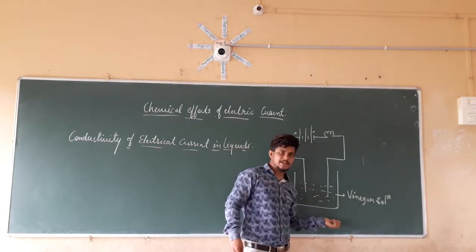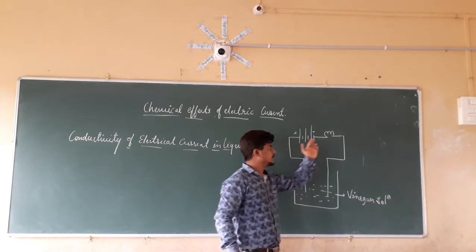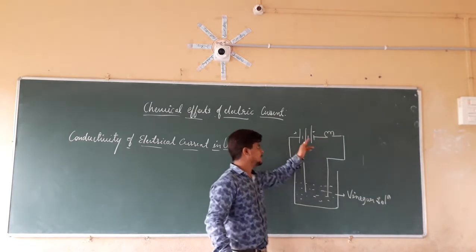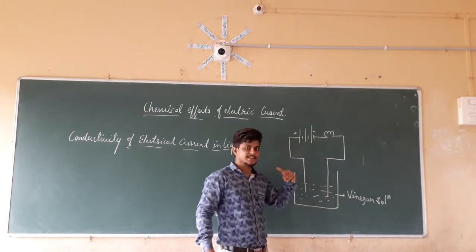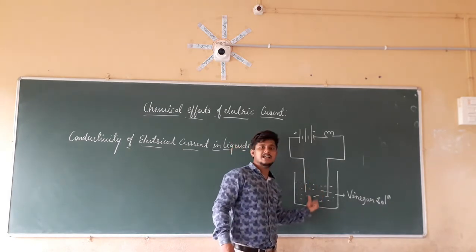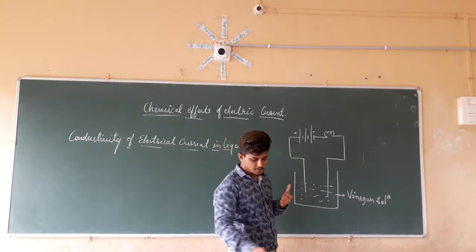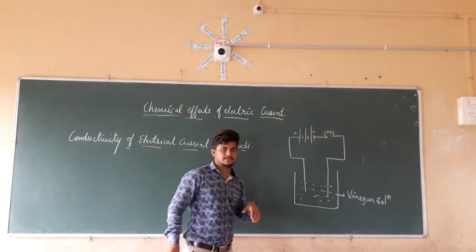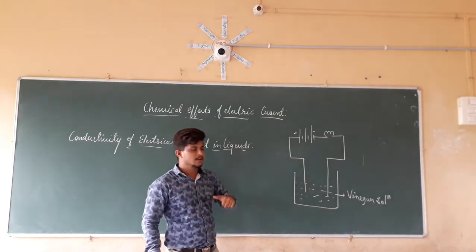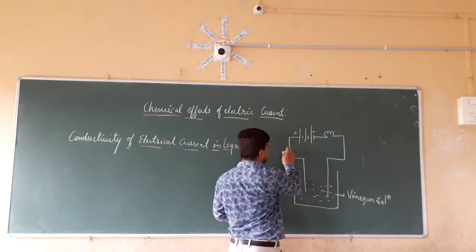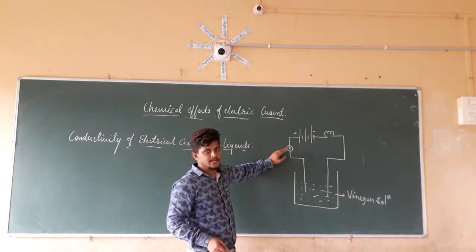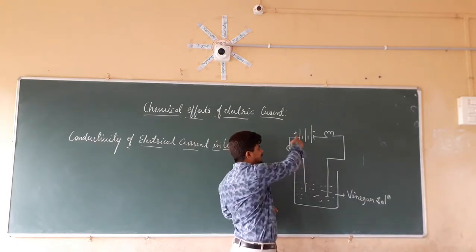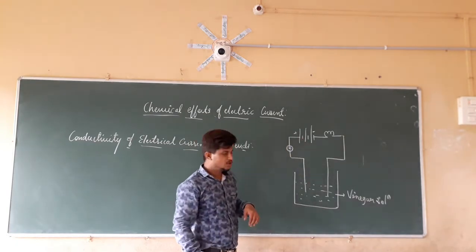So if those are suspended here, and the bulb glows after the supply of electricity, you can say that the conduction of electricity is happening because of the liquid. When we connect everything and switch on the switch, there will be conduction of electricity through the wire.